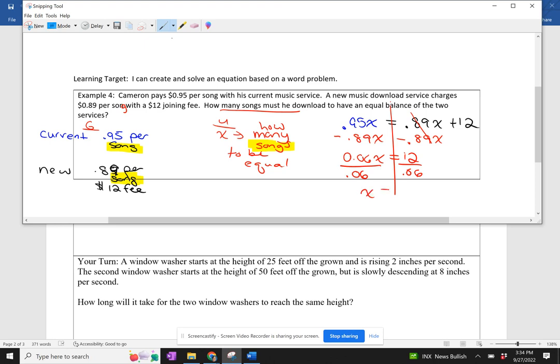So if you actually put that into the calculator, you are going to get 200. So it's going to take 200 songs to have an equal balance between the two music services. So, of course, you would write this out as a sentence. So make sure that your sentence makes sense and that it answers the question.